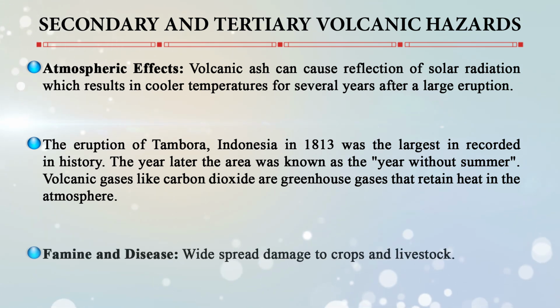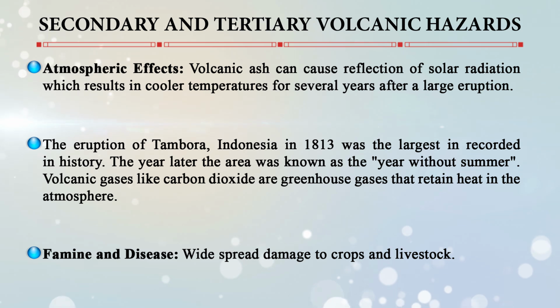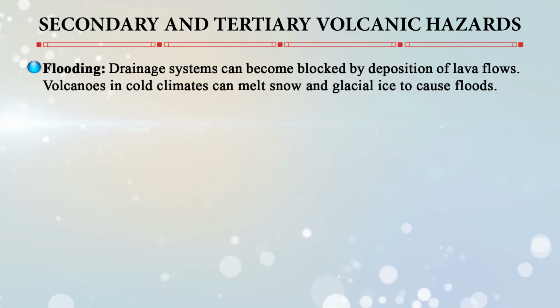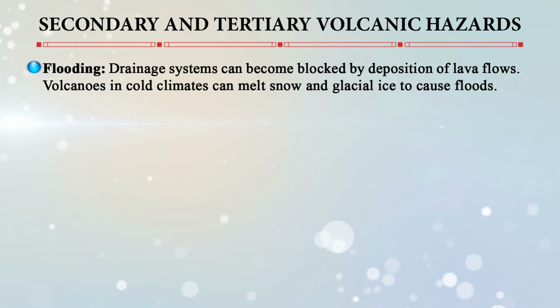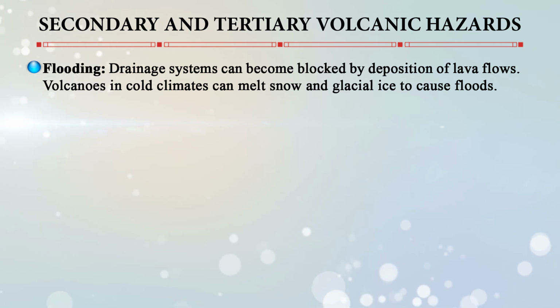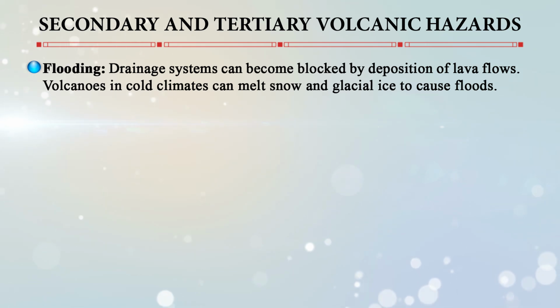Then there is famine and disease. Widespread damage to crops occurs because of volcanic eruption, and when livestock are damaged, they can cause famine and disease. Then there are other issues like flooding. Drainage systems can become blocked by deposition of lava flows. Volcanoes in cold climates can melt snow and glacial ice to cause floods.